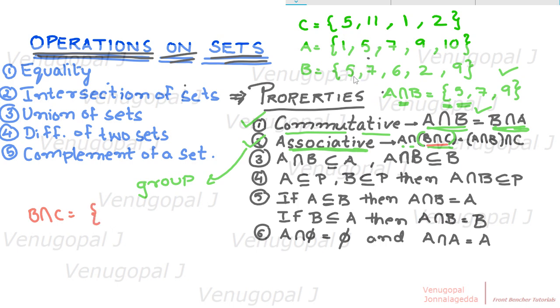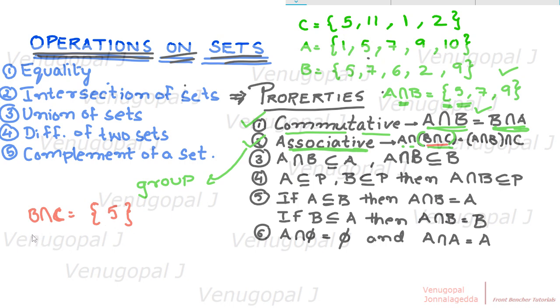Which is 5, right? 5 is the common element over here. Is there any other common? No. So it is a singleton set which is getting returned. So B intersection C is returning element 5.